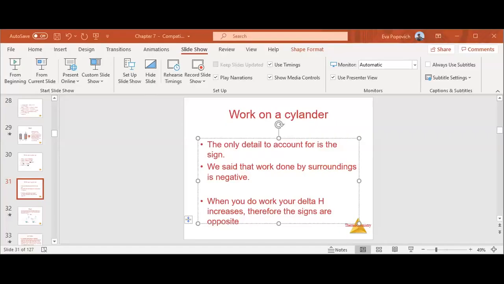Remember, we said work done by the surroundings is negative. Okay, and I guess you guys are kind of lost right now. You don't see this, right? I'll get it back there, I promise.